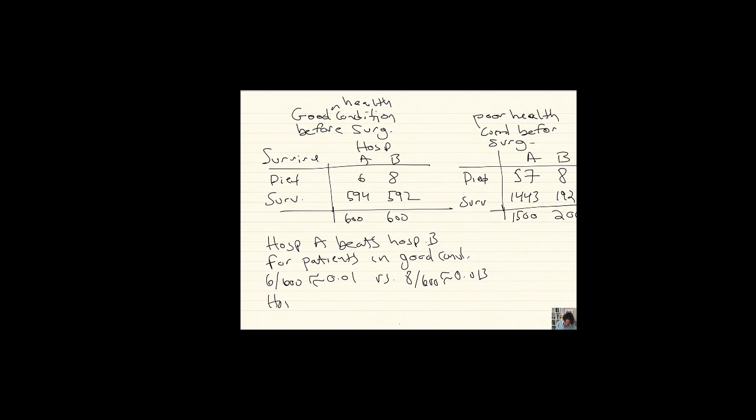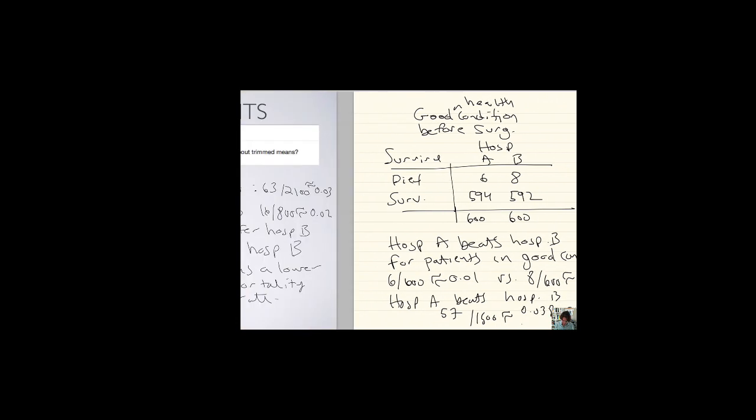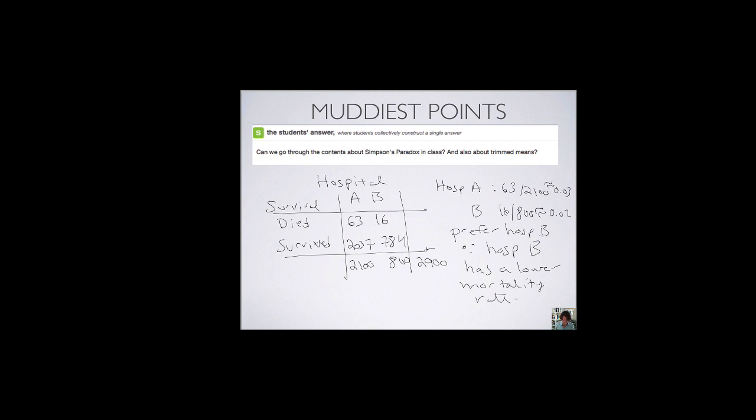And Hospital A also beats Hospital B for those in poor condition, because 57 out of 1500 is roughly equal to 0.038, and 8 out of 200 is roughly equal to 0.04.